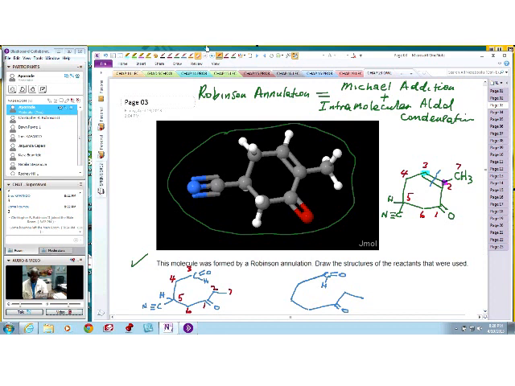Now, if you agree with what I've drawn here, this is 7, 2, 1, 6, 5, 4, and 3. And of course, on 5 you have the cyano right here.